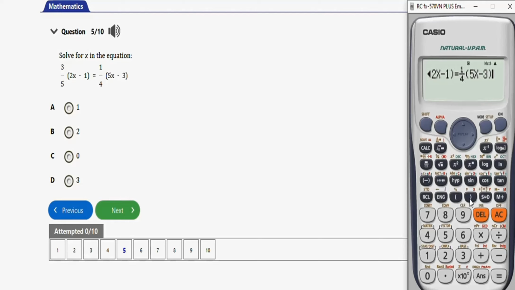So that's it, guys. That's what we have there. Let's solve this. Press shift and this calc button, assign s to be 0, press equal to. So we have the answer to be 3. Right option is option D. That's it for this question.